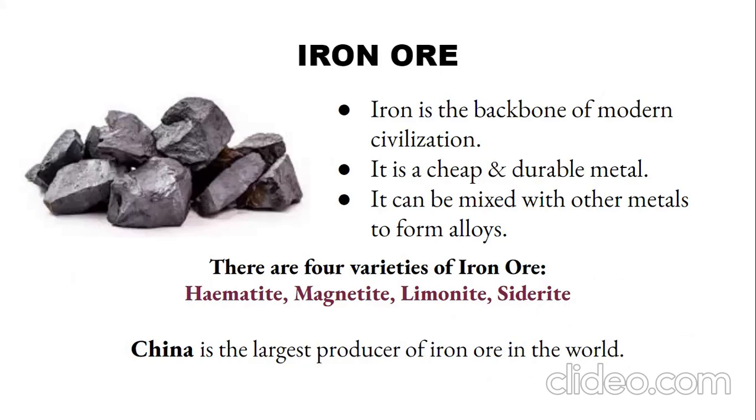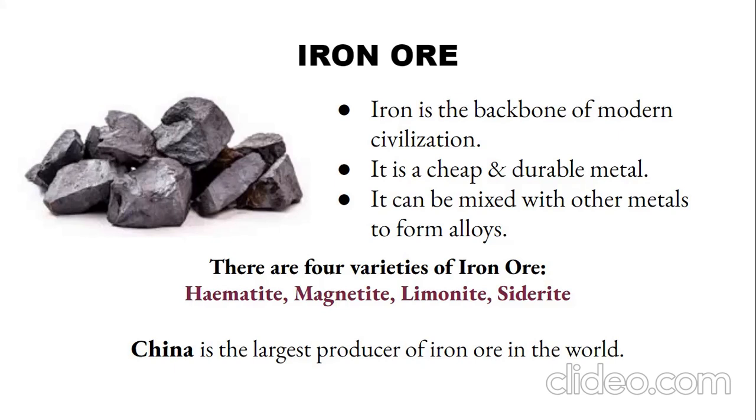Your fan, tube lights, the holders of tube lights, your cupboards, your bed, your chair, everything contains more or less iron. That is why we call iron the backbone of modern civilization.